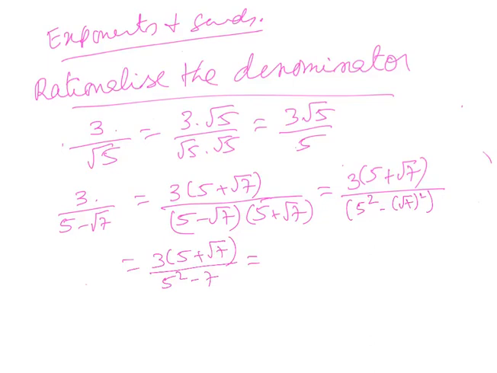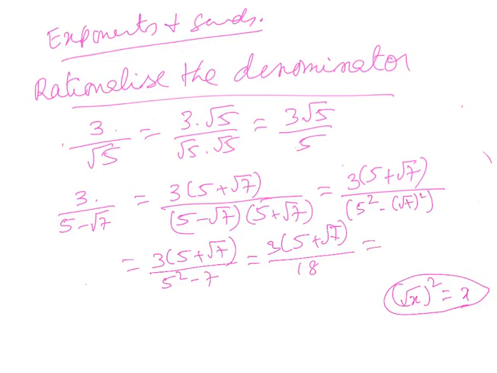The square root of x squared is x. Remember this law also: we can learn it as a law, but the square of a square root is the original number. So I get 3 times 5 plus root 7, and 25 minus 7 will give me how much? 18.